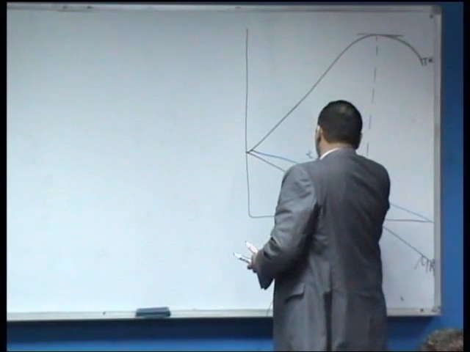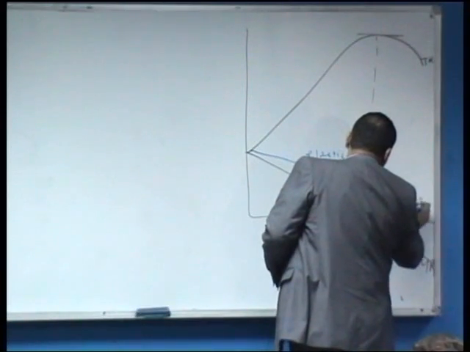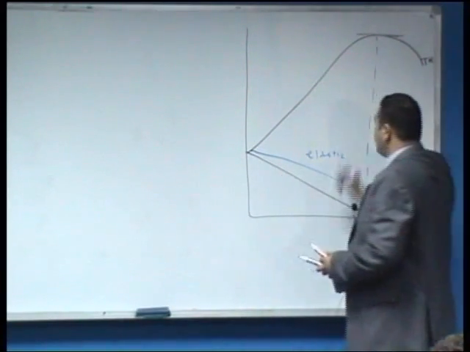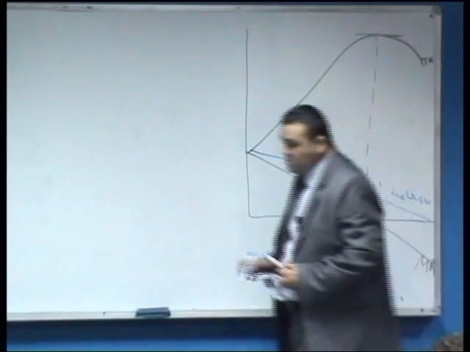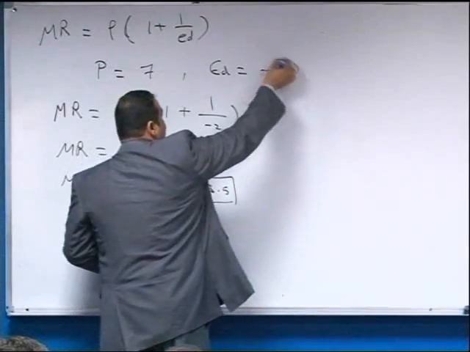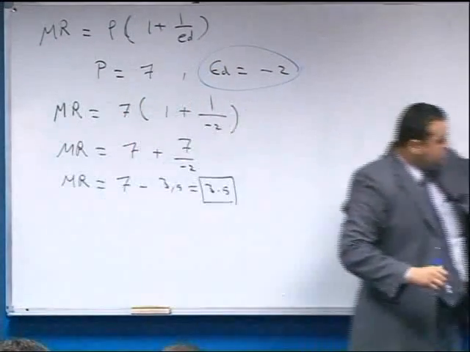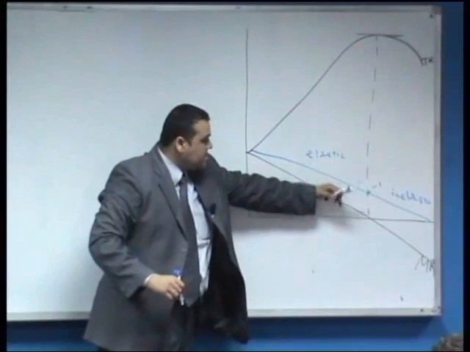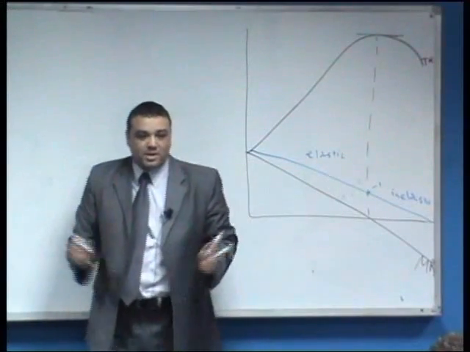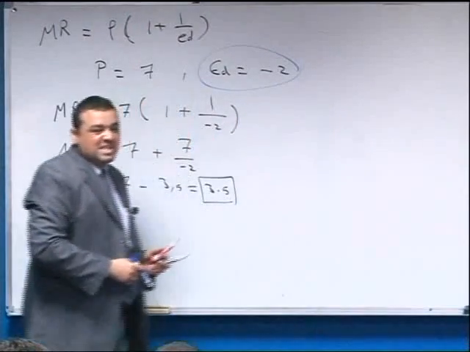Here is -1, elastic, inelastic. And this is the total revenue curve. As you see, when the demand is elastic, MR is positive, right? Suppose that MR equals 0.